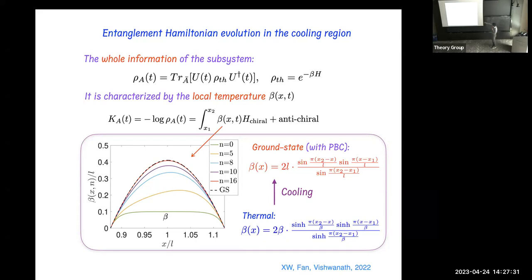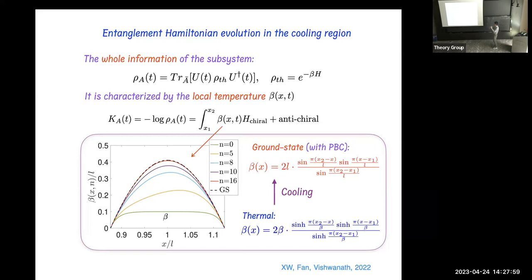What I mean is very simple. If you study the reduced density matrix for your cooling region, it will evolve from a thermal value to the ground state reduced density matrix. So this is how we define temperature. You simply study your reduced density matrix and study how your entanglement Hamiltonian evolves in time.